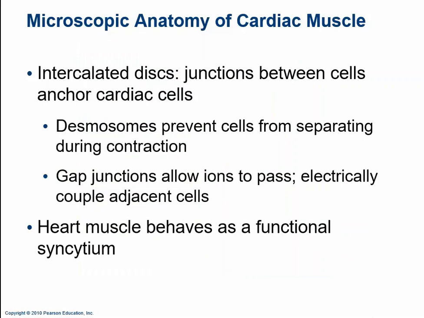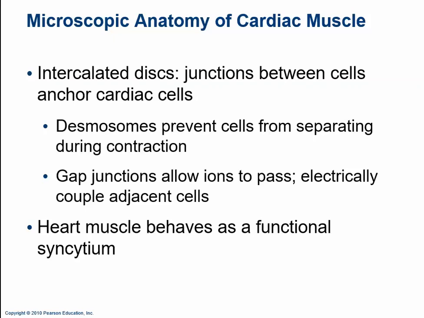So we call that aspect a functional syncytium. Syn means together, cyte means cell, so functionally it's as if it's one cell. When you have a depolarization event happen in one cardiac muscle cell, it spreads throughout all the other cardiac muscle cells.